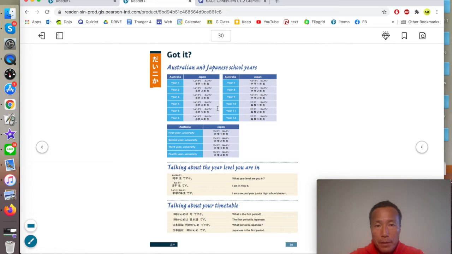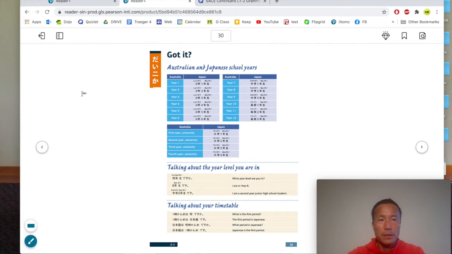Now, this one is probably necessary for you to understand. This is 小学 then 1年生, 小学 blah blah 年生, that's elementary, and then 中学 blah blah 年生, that's middle school, and this is 高校 blah blah 年生 and 大学 blah blah 年生.